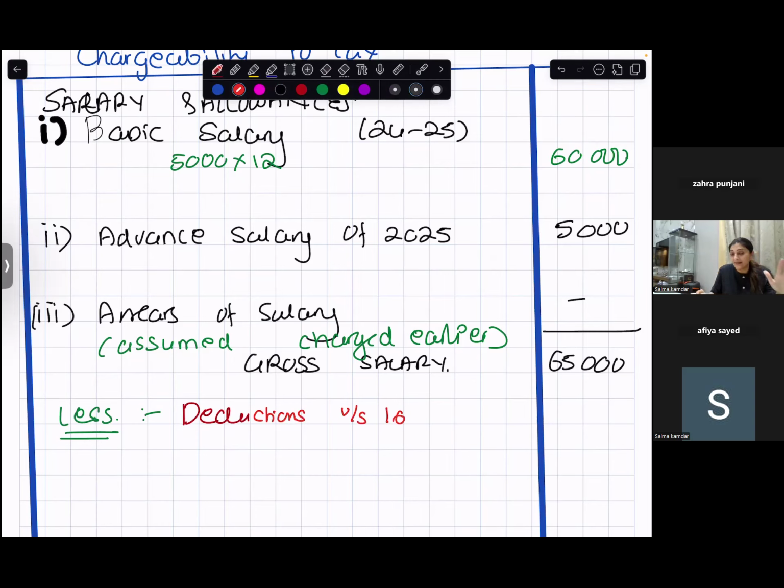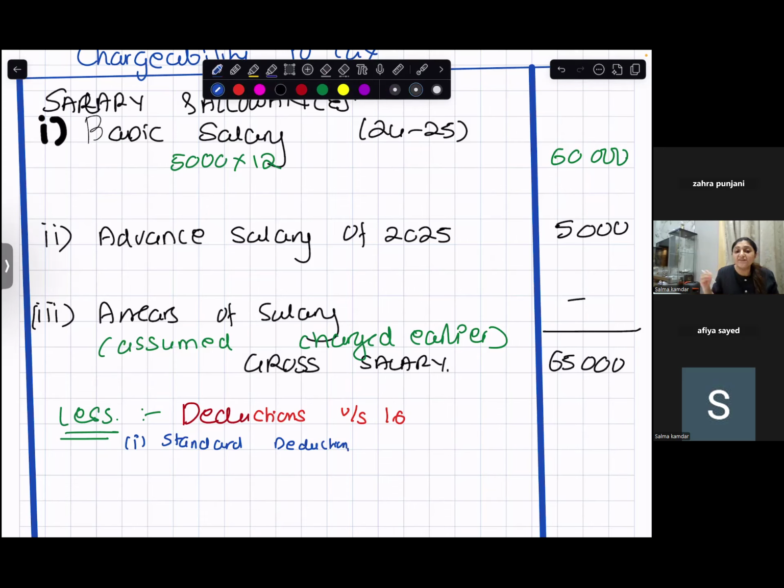Under the head of salary, you will always get two deductions which would always be there. The first deduction would be standard deduction. What is a standard deduction?